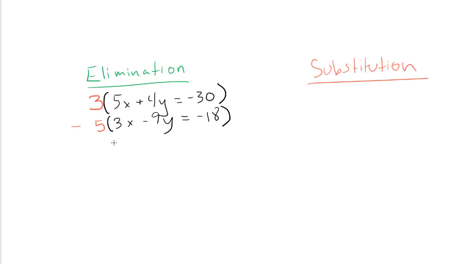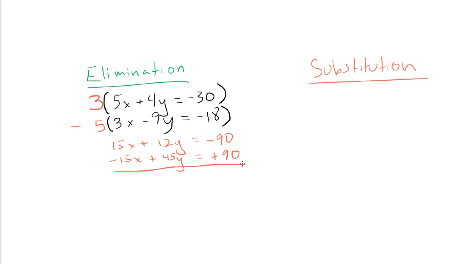So effectively, I get 15x plus 3 times 4 is 12y equals minus 30 times 3 is minus 90. And in my second equation, I will get minus 15x. And minus 5 times minus 9 is plus 45y, and minus 5 times minus 18 is plus 90.